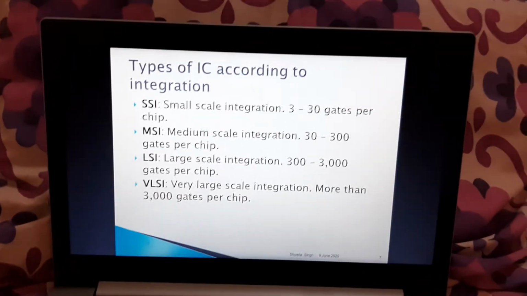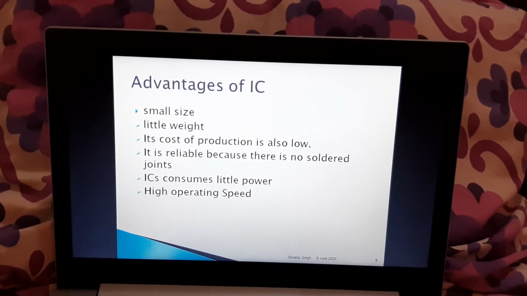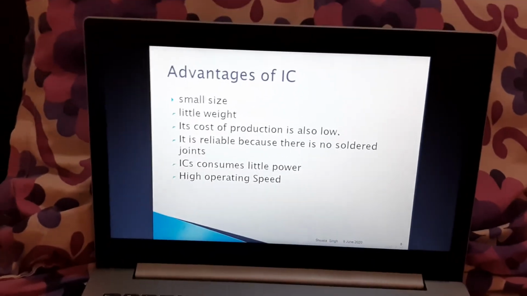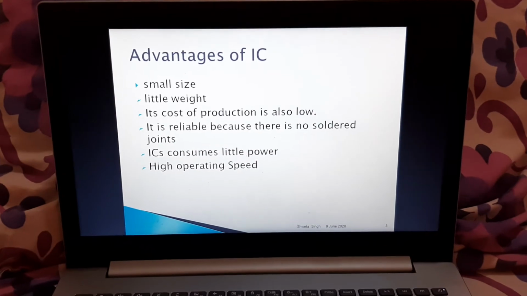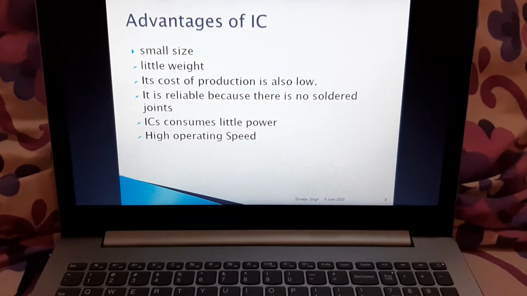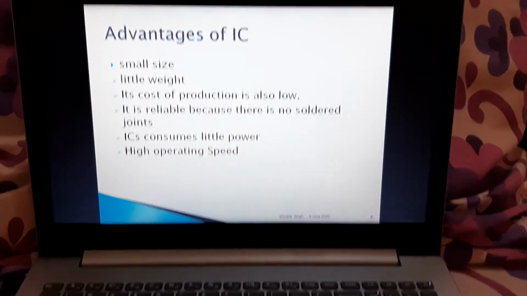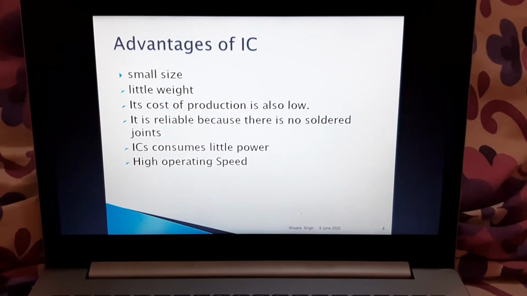So, what are the advantages of IC? Advantages of IC are small size, as thousands of transistors are implemented in a single chip. Therefore, size required is less. Lightweight because, as we all know, all the components if we connect them together will have more weight as compared to IC.